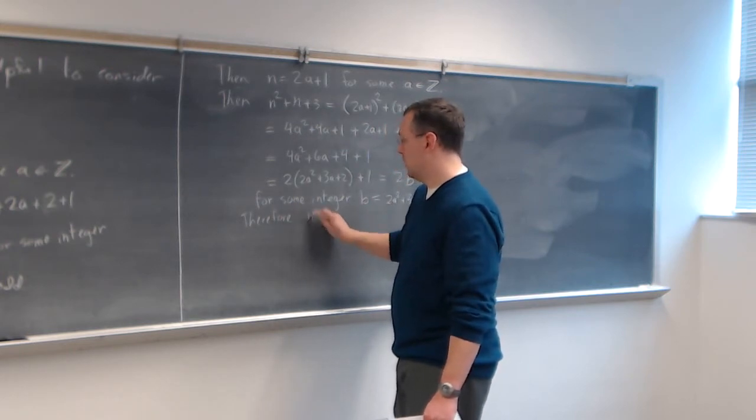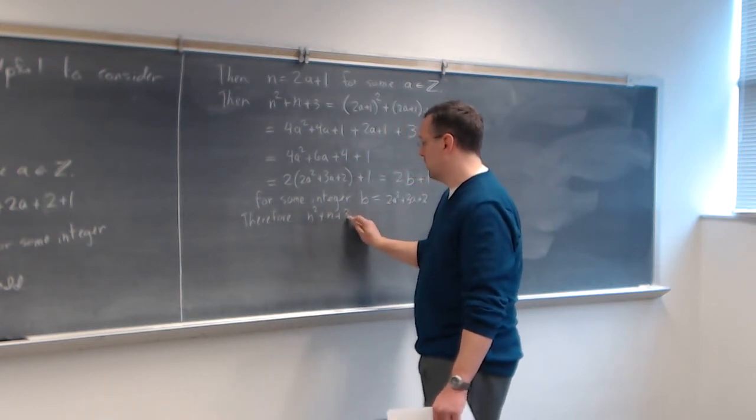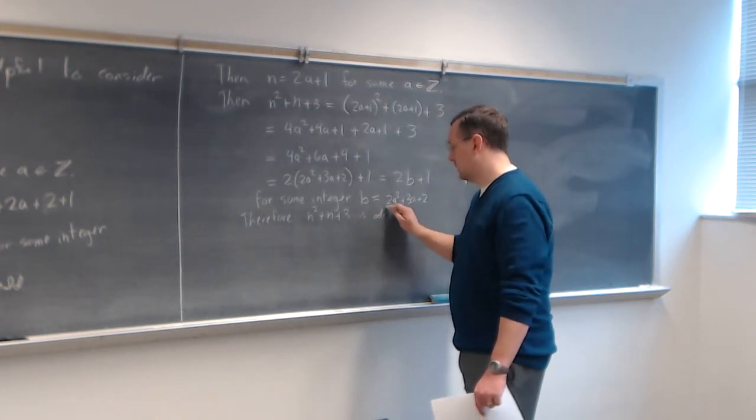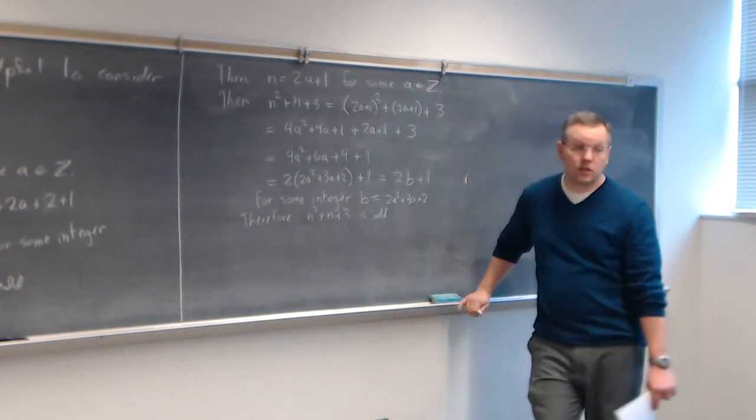Therefore, n squared plus n plus 3 is odd. So I'm done with case 2.